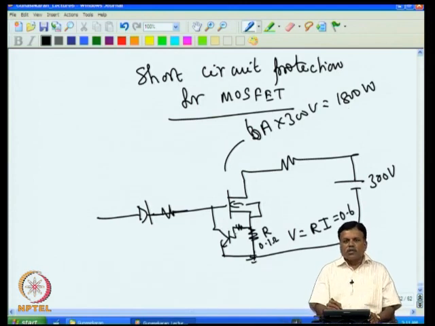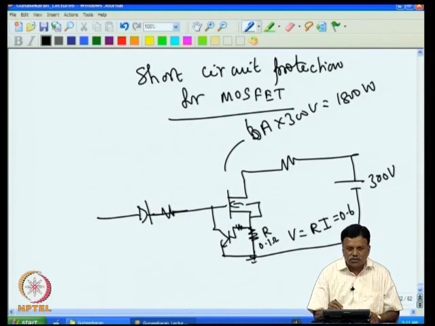That will be high. So in a few microseconds this MOSFET will go into vapor state, it will get burned off, and it also explodes with a vengeance. Once you short, you will find this exploding and the purpose of the protection is lost.